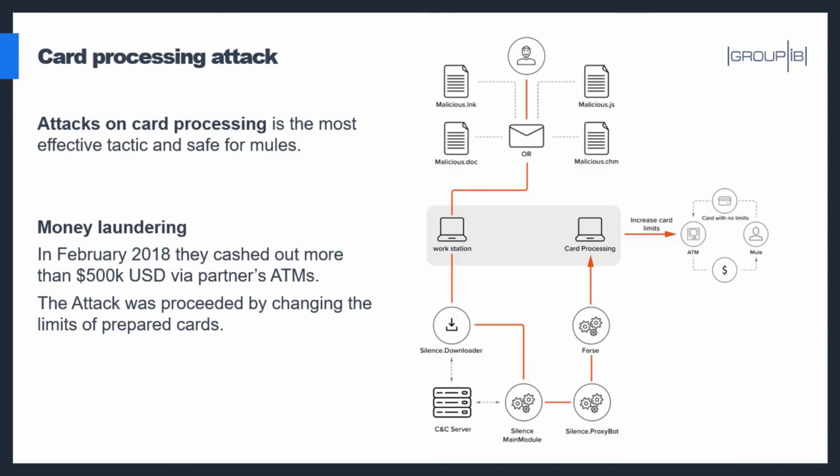In early 2018, Silence attacked another Russian bank, and in this case, they didn't attack the ATM system, but the card processing system. Four mules opened four cards, and for these four prepaid cards, Silence, via the compromised card processing system, removed limits, and later these four mules withdrew money from ATMs.